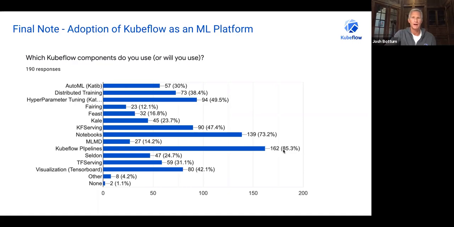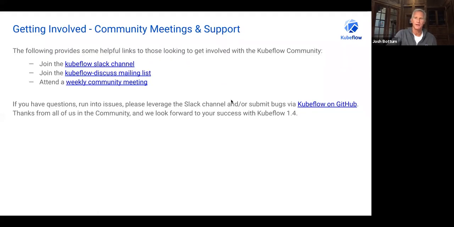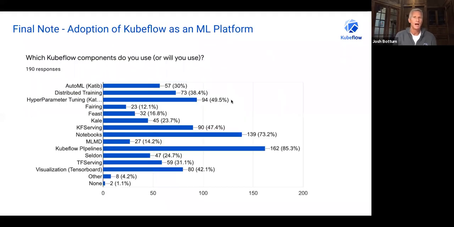You can see pipelines at 85%, notebooks at 73%. So these two are at a really high level of use. But if you look at hyperparameter tuning, Katib, as well as KFServing and potentially even TensorBoard, 42% or more are saying that they're using those 5 components.